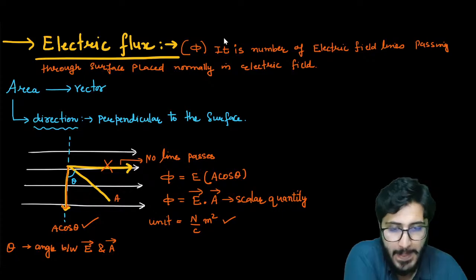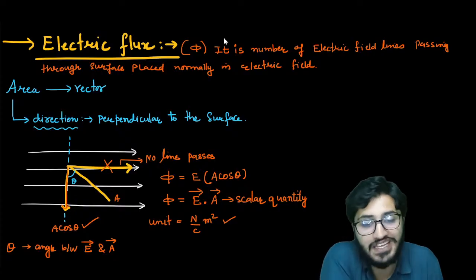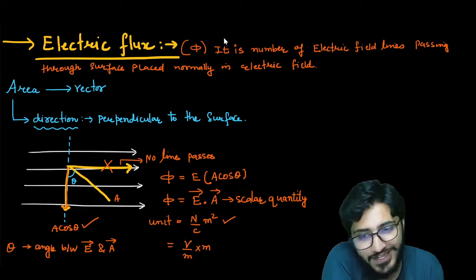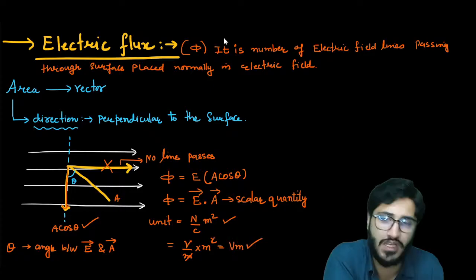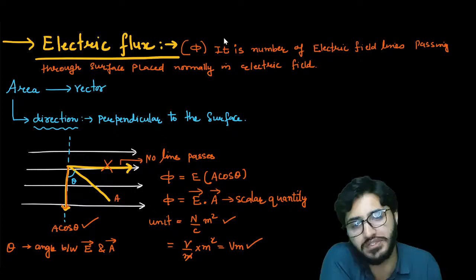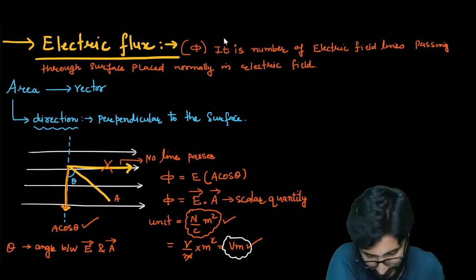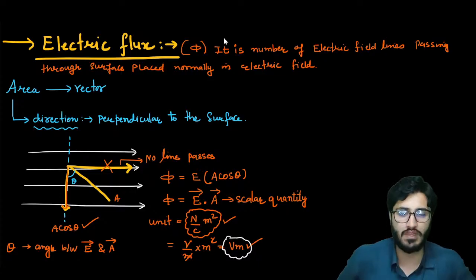One more unit: Newton per coulomb I can change to volt per meter, times meter square. One meter cancels out, so it is volt meter also. So we have two units to calculate it. Easy, no?